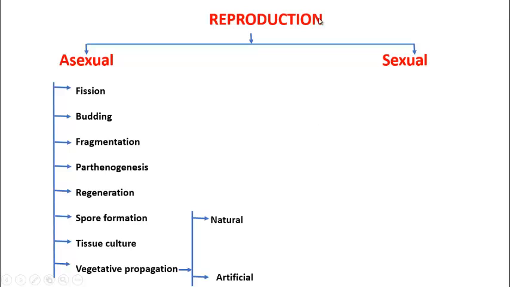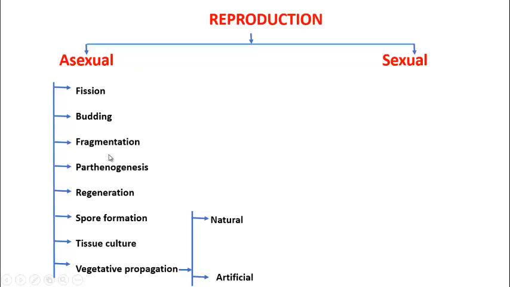Now, so far we have seen that reproduction is of two types, asexual and sexual. In asexual reproduction, we find various ways. I told you, amoeba reproduces by binary fission, but there are various other ways by which asexual reproduction takes place. So what are the different ways? Let us see the list here.